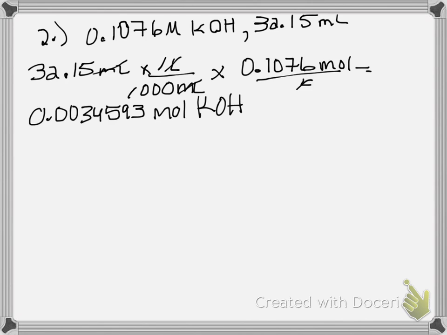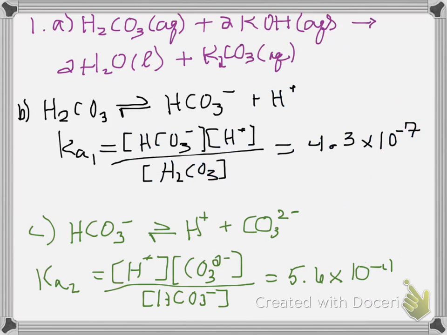Okay, so the next step is where I show how I go from the amount of KOH to the amount of acid that we have. And so that is the balanced reaction that we wrote in A. We said that it's 1 carbonic acid for every 2 KOHs.